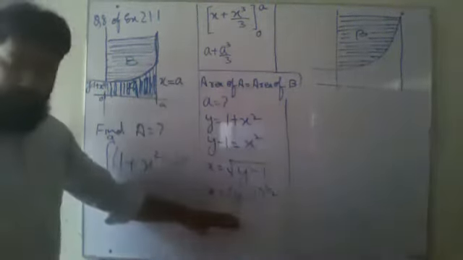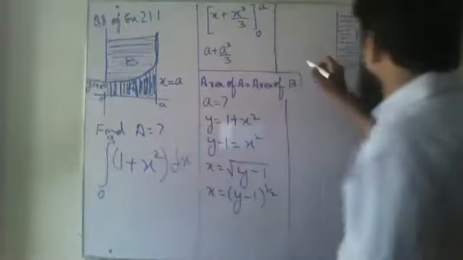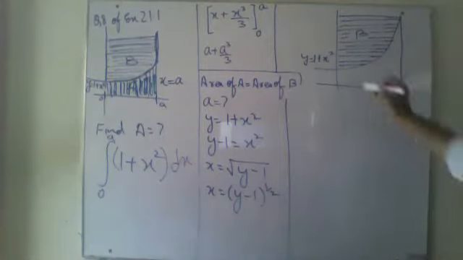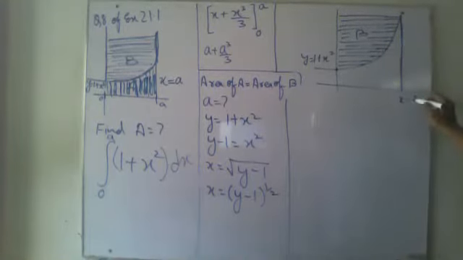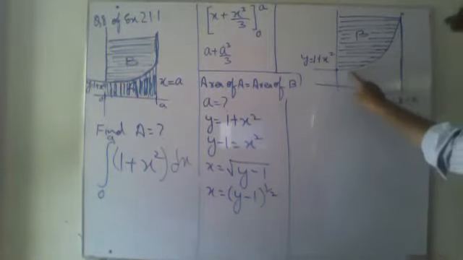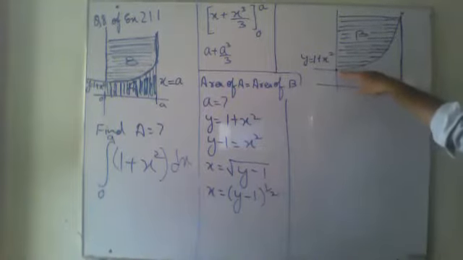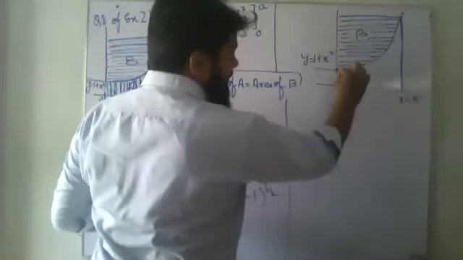I have got my equation. Now I am going to work out my limits. The equation is y equals 1 plus x squared. One point is this one, and the other point is also given, that is x equals a. Now, how will I find my limit for this one? First of all, your curve is starting on the y-axis.